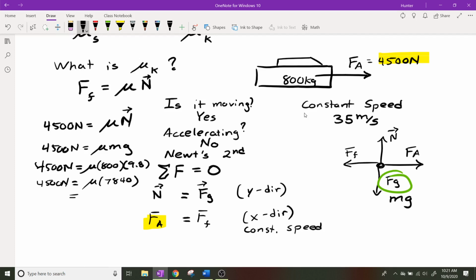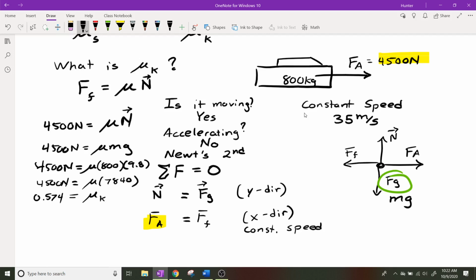So we're going to divide both sides by 7,840, and that's going to give us our coefficient of friction in this particular case. So our mu sub k is going to be equal to 0.574. Good. Very nice. That would be how you would find an example of finding a coefficient of kinetic friction.